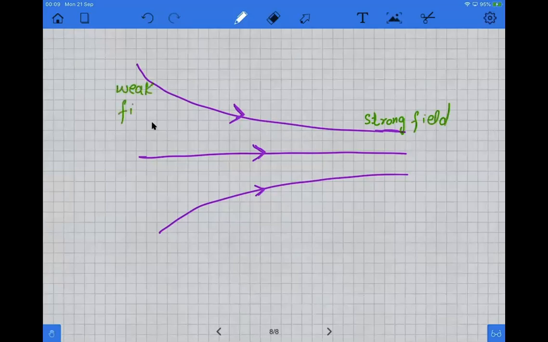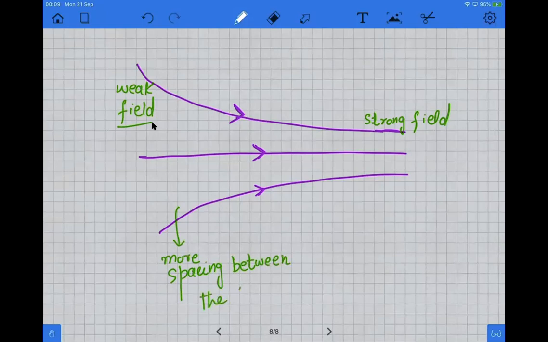So here you see it's more spacing. More spacing between the field lines represents a weaker gravitational field.